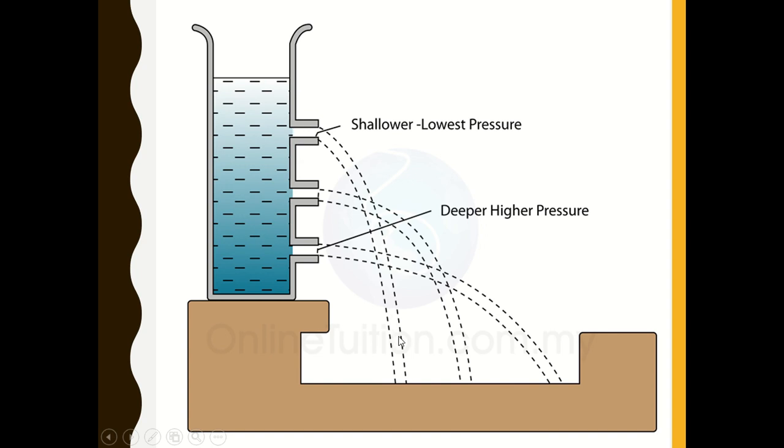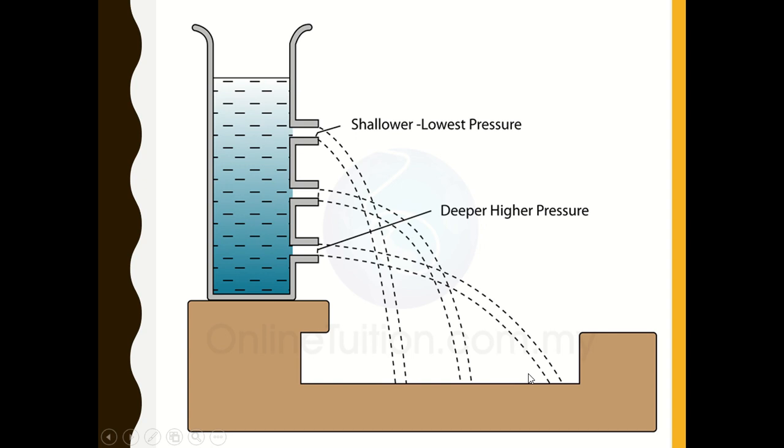That's why water comes out very near. Then from this hole, water goes a further distance. But from the lower hole, the pressure will be much greater, so the water will move a larger distance with greater velocity.